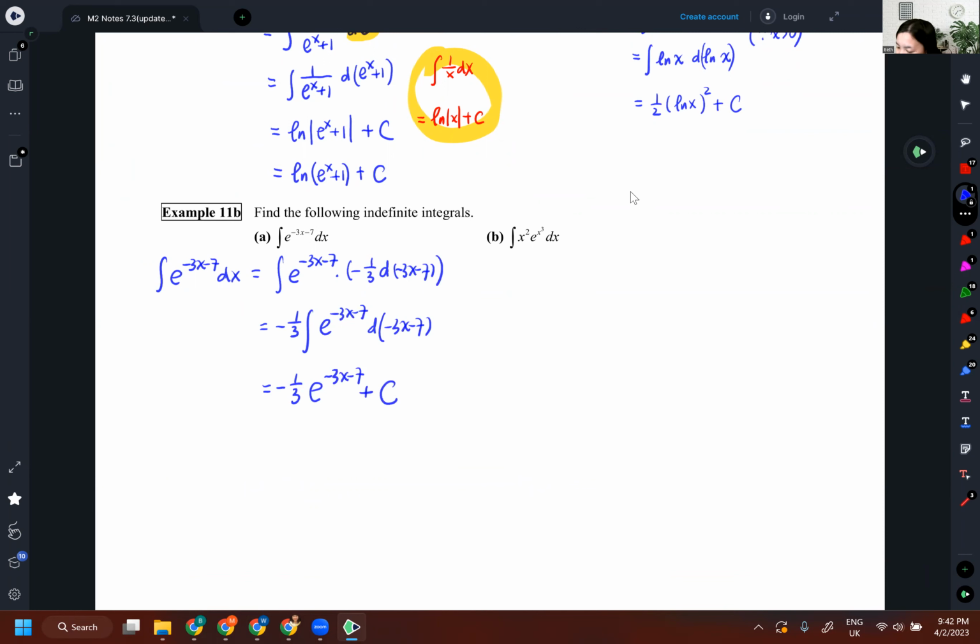Okay, part B. The integral of x squared e^(x cubed) dx equals, x squared dx equals 1/3 d(x cubed). You see?